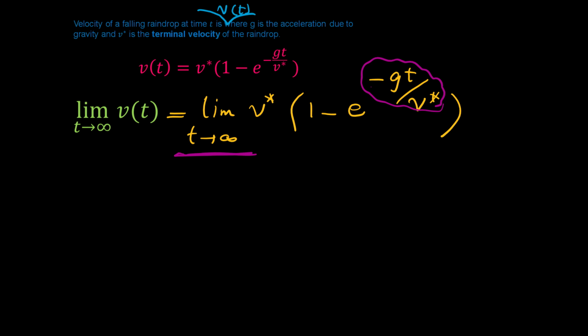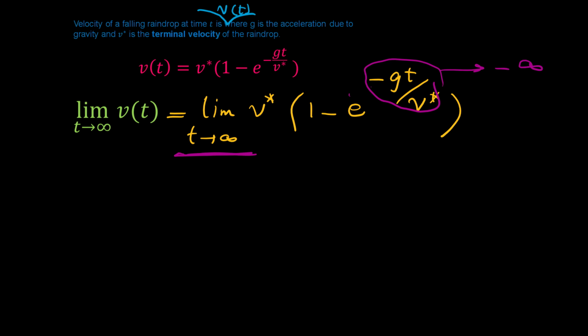So we have negative 9.8 times t going to infinity. So we have a negative constant times infinity, so all of this is negative infinity. This is basically negative infinity over a constant which is v star. So when t approaches infinity, the exponent of this exponential function is going toward negative infinity.